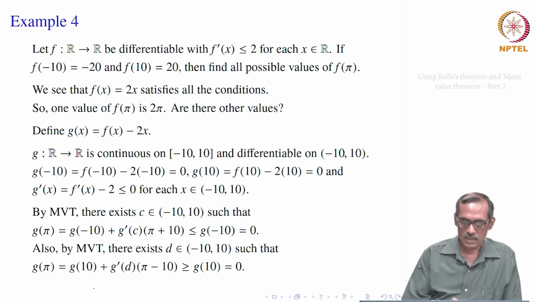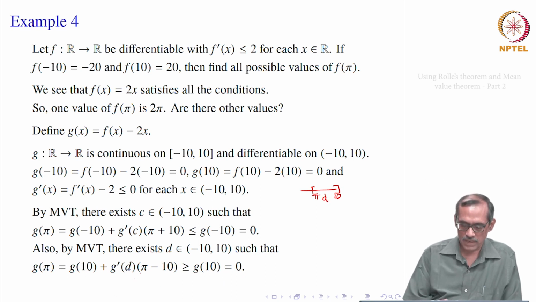Now, again we go to the other side, that is we have pi here and 10 here. On this closed interval, if we use again mean value theorem, I would get g of pi equal to g of 10 coming the other side plus g prime d into pi minus 10, d lying somewhere between pi and 10.